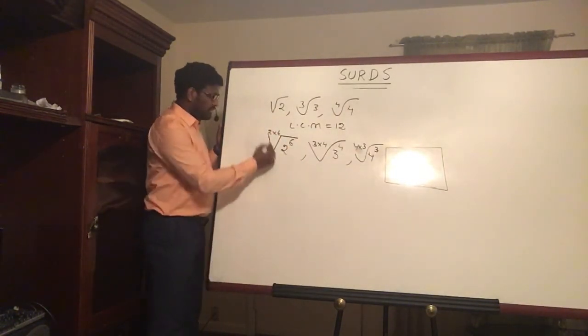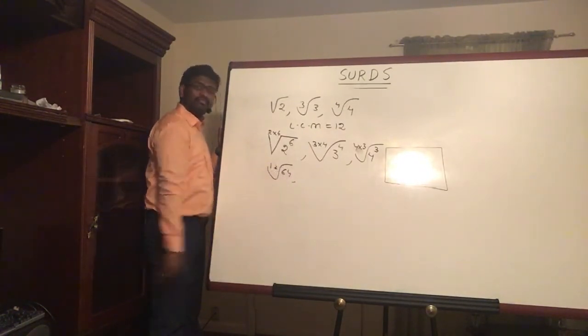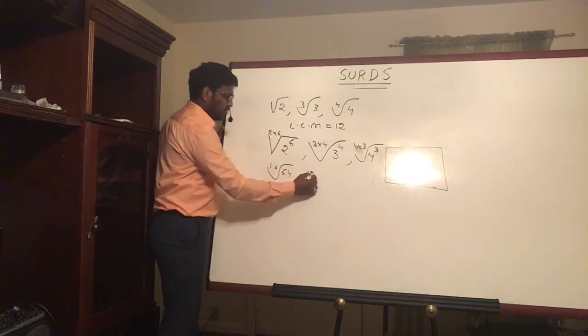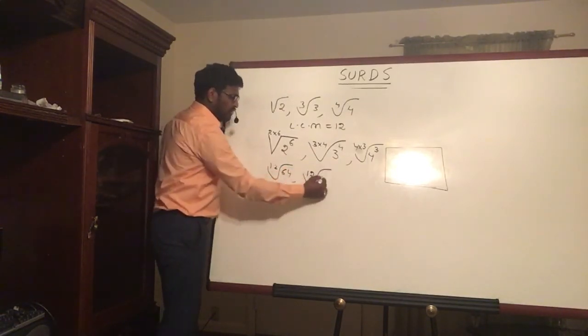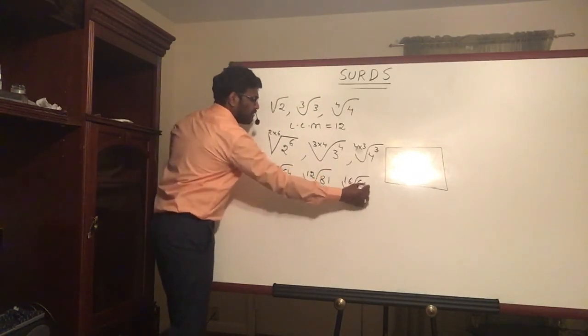Now simplify. The 12th root of 2 power 6 is the 12th root of 64, this is the 12th root of 81, and this is the 12th root of 64.